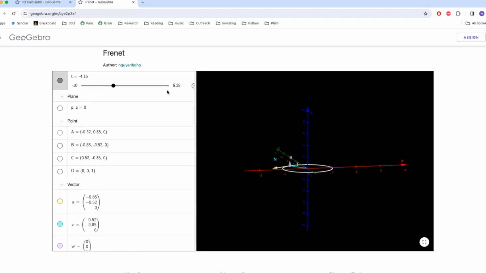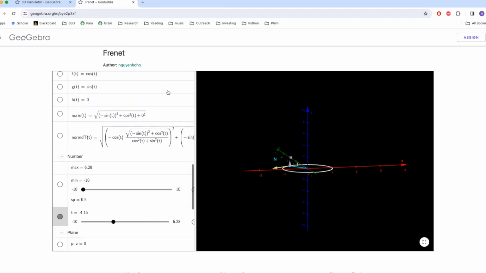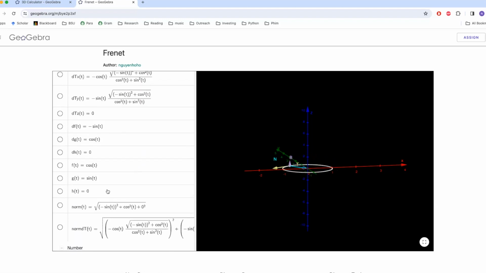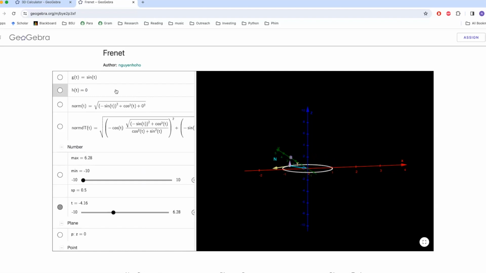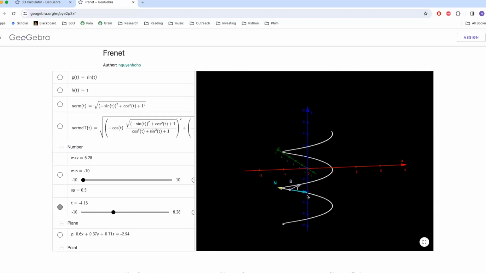So now let me go to the helix case. Okay, now I have the helix, okay? And you can see that, let's take a look at the particle right here and tracking the 3 vectors, the tangent vector, normal vector, and binormal vector.